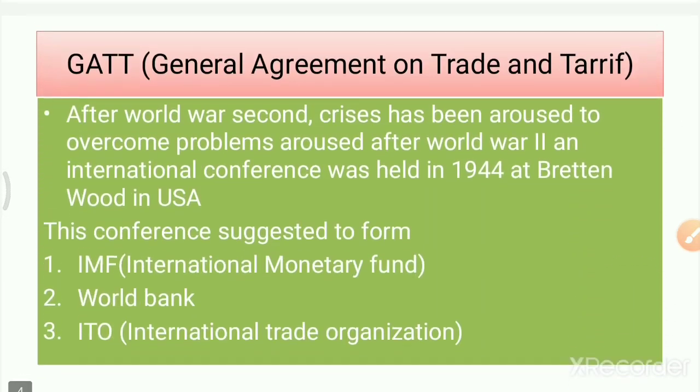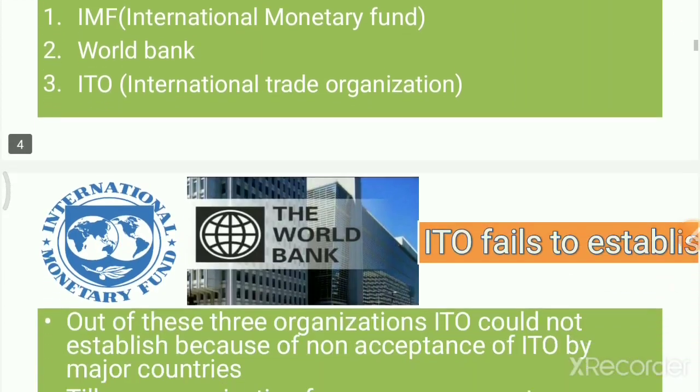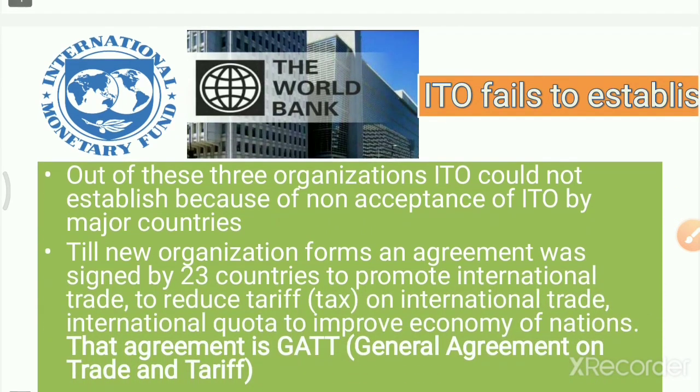and this conference suggested forming three important organizations: the IMF, that is International Monetary Fund, the World Bank, and the ITO, that is International Trade Organization. As we already know about the International Monetary Fund and World Bank, you might have heard that a road or some activity of the government of India is financed by the World Bank.